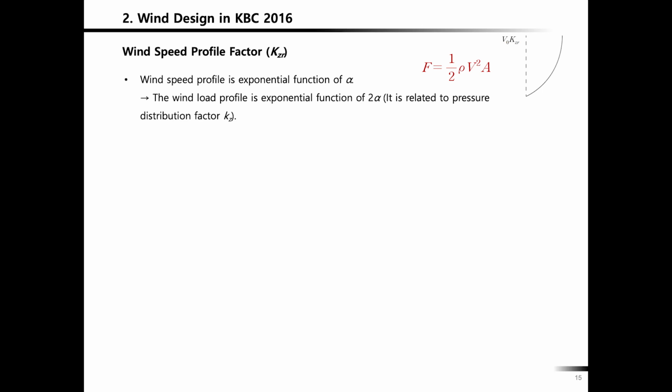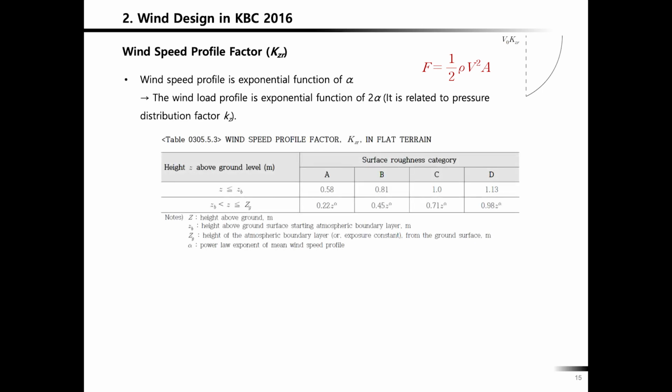All right, the next line is the load profile. Of course, V squared gives pressure, and then multiplied by the area gives force. So the load profile will have the power of 2 alpha, because it's squared.